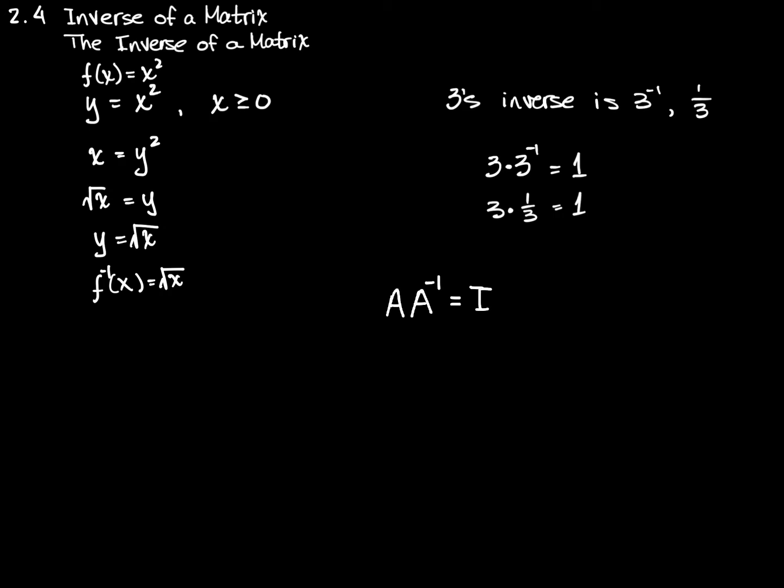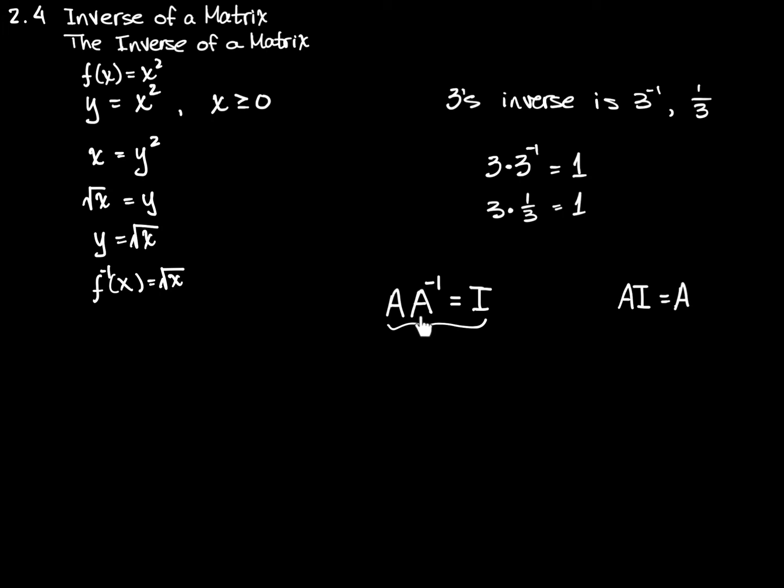Because remember what we said earlier about matrix I was that if you took A and you multiplied it by I, you would just get A back, right? So this is what it means to be an inverse matrix.